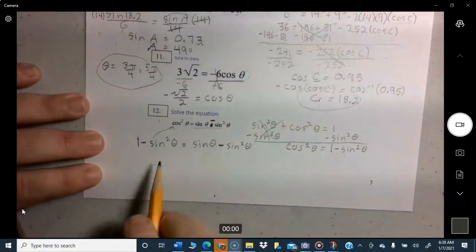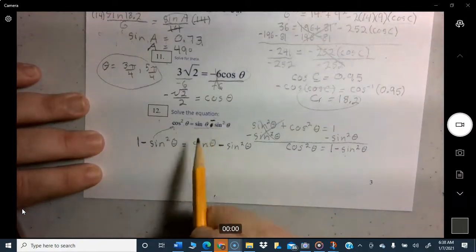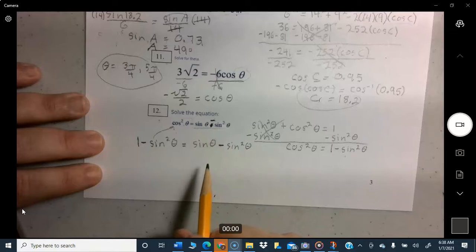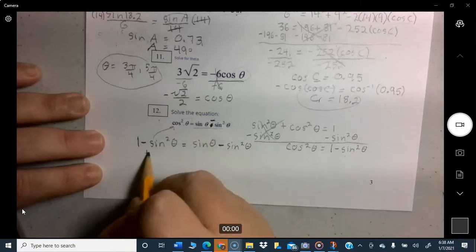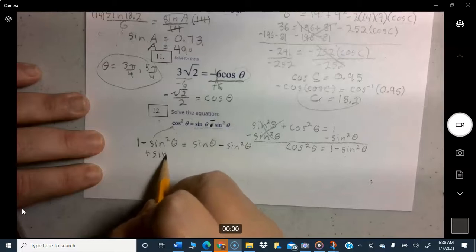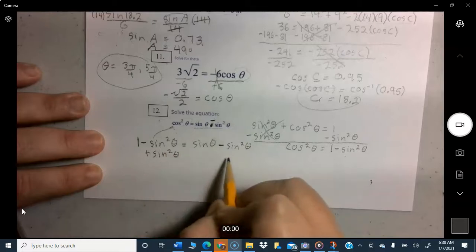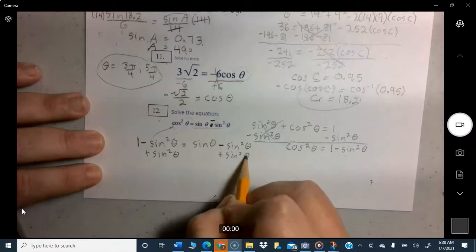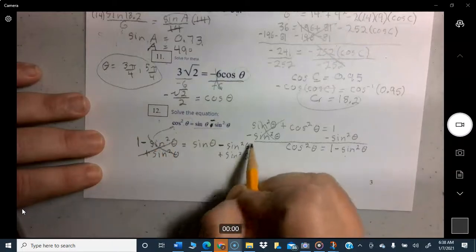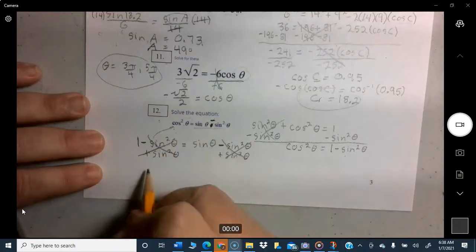Okay, so now what do you do? Now we're going to simplify. So I change that. And so what we do is we add sine squared theta to both sides. And these cancel. And you end up with sine theta equals 1.